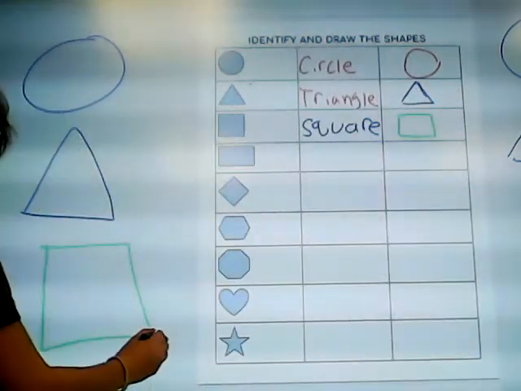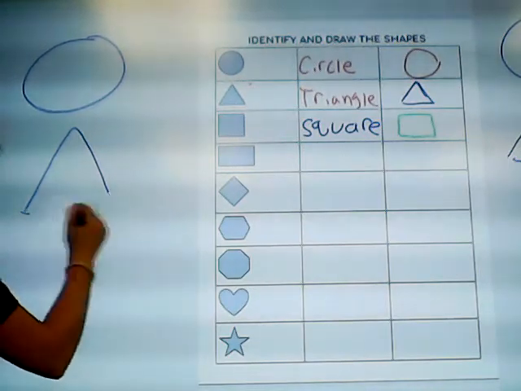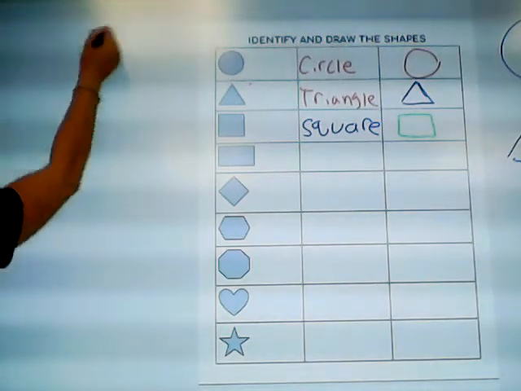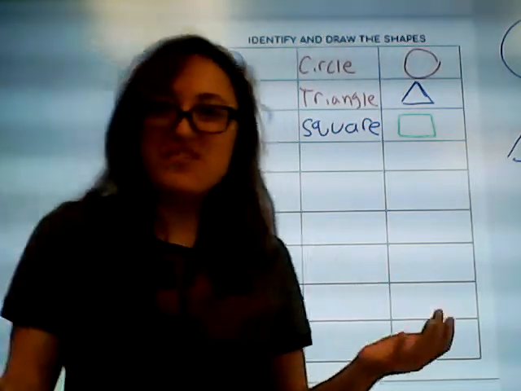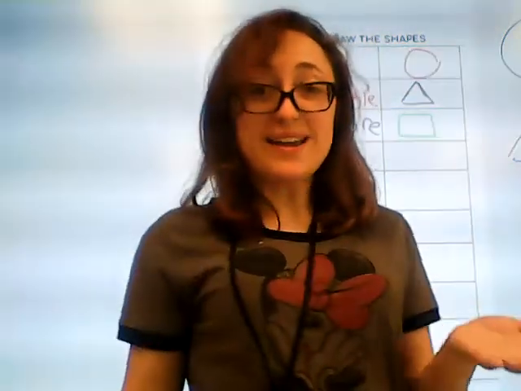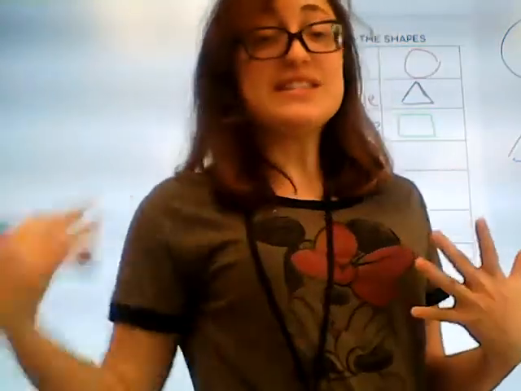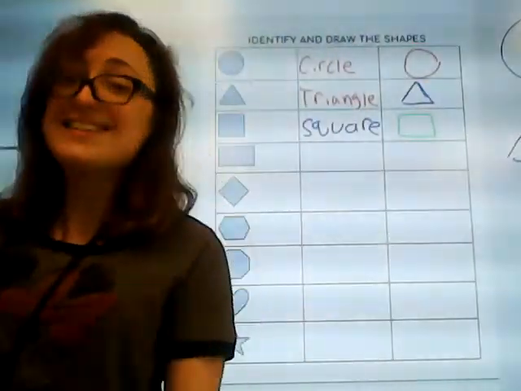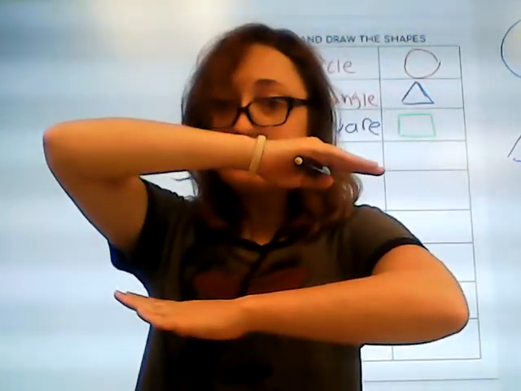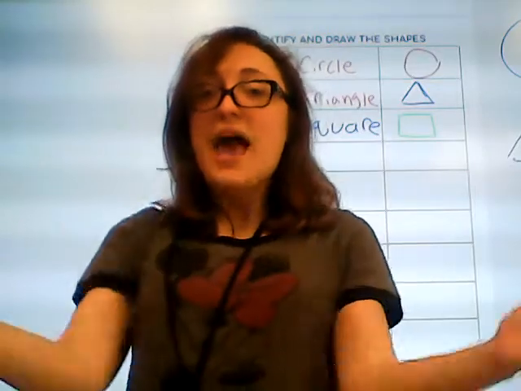And the last one of what I call basic shapes, like shapes that everybody is pretty familiar with, is going to be the rectangle. The rectangle works very similarly to the square, except that it's 2 long straight lines and then 2 short straight lines.